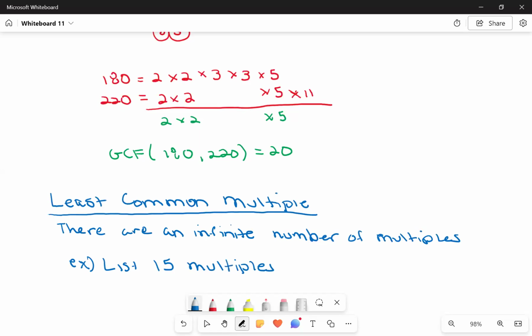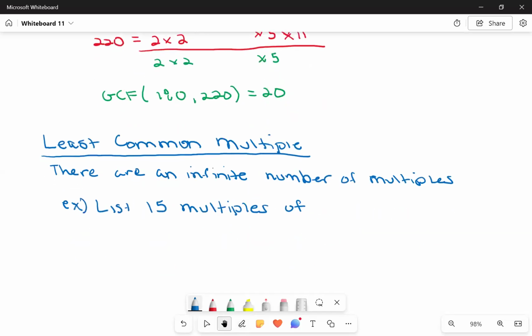There we go. List 15 multiples of, and the first number I want to do this for is the number 5. Multiples of 5 are things that 5 multiplies by to be that number. Okay, so the first multiple of 5 is itself.